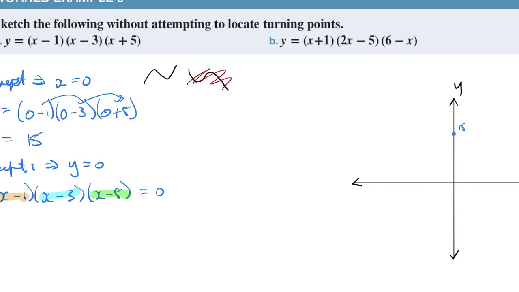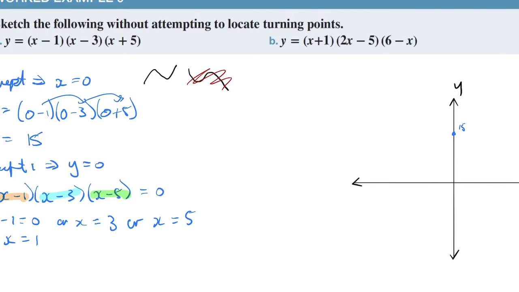For my first one, it means that x minus 1 equals 0. In other words, x equals positive 1, or x equals, for the middle bracket to be positive, x has to be 3, or x has to be 5.